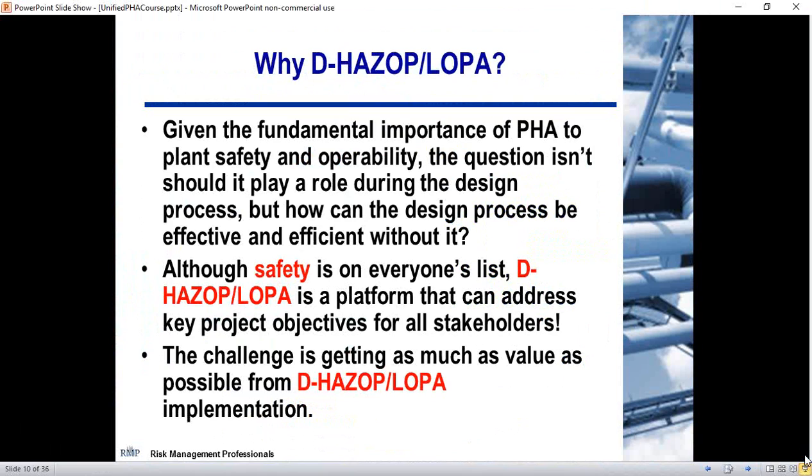You've got the resources, you've got the techniques, you've got an approach for the design. So the concept of bringing those into play during the design is of paramount importance. This is an approach that can also help in problem solving and helping your design focus on some of the core issues. So the challenge is getting as much value as possible from the application of HAZOP and also LOPA.